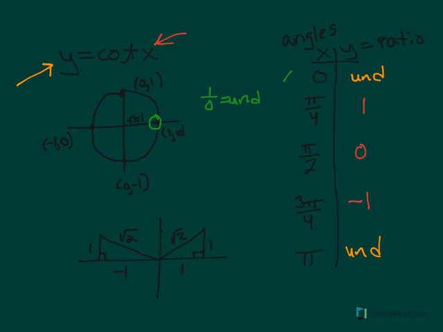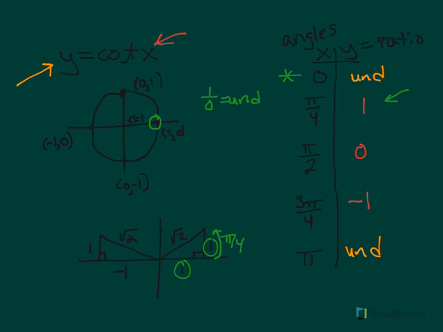So that's going to be the starting asymptote for cotangent, since it's undefined. And then if you look at a rotation of pi over 4, that's going to be a 45, 45, 90. So x to y would be 1 to 1. So that's going to get you a ratio of 1.